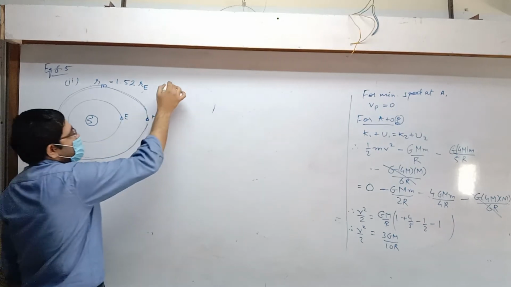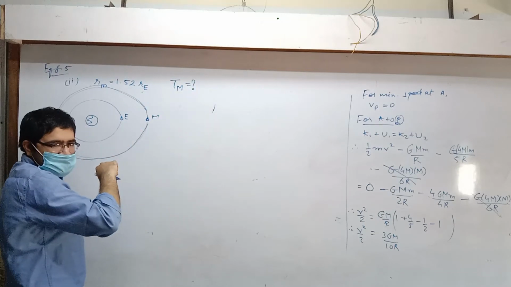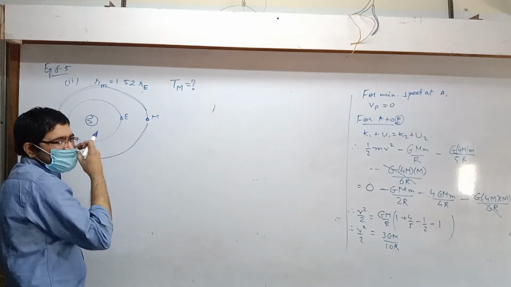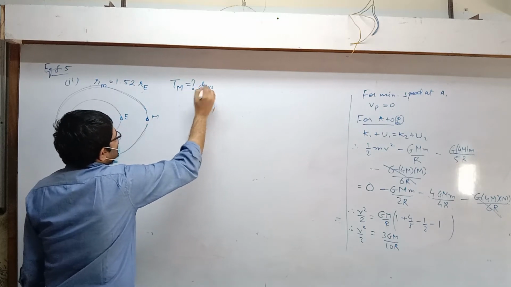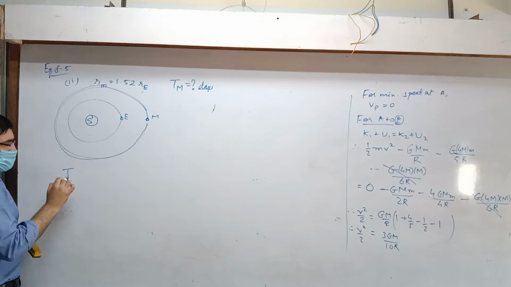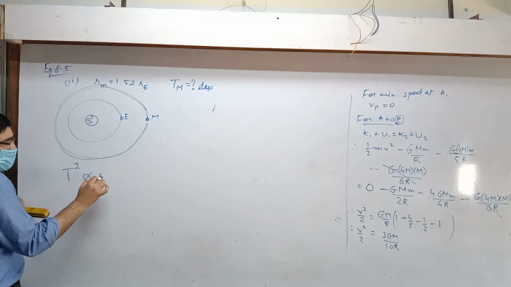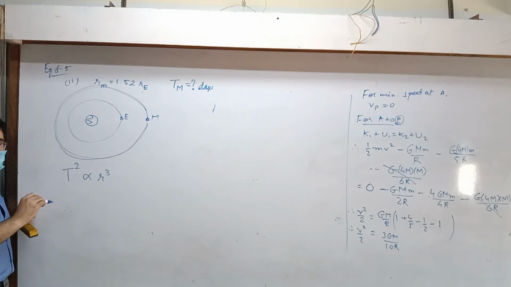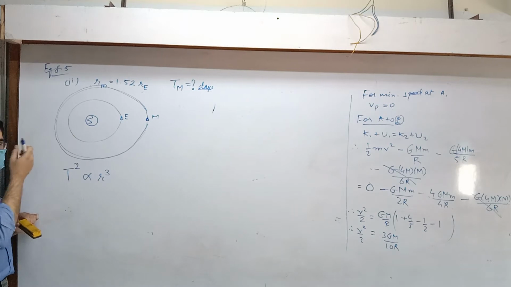So we have to find the time period of revolution of Mars, in units of days. Both are revolving around the Sun, so we can directly use the idea that T squared is proportional to R cubed, because both are revolving around the same Sun. Clear?